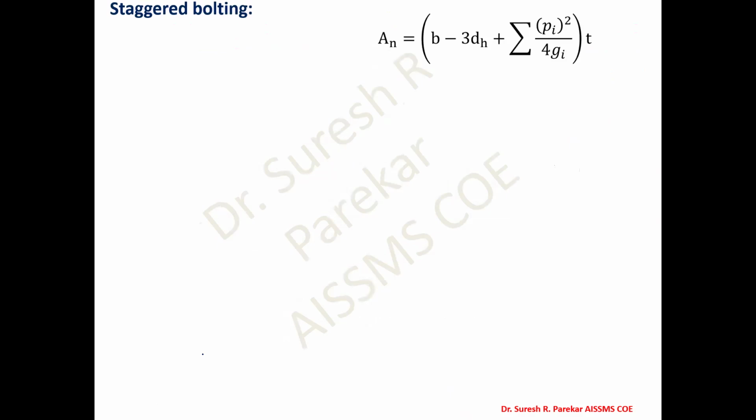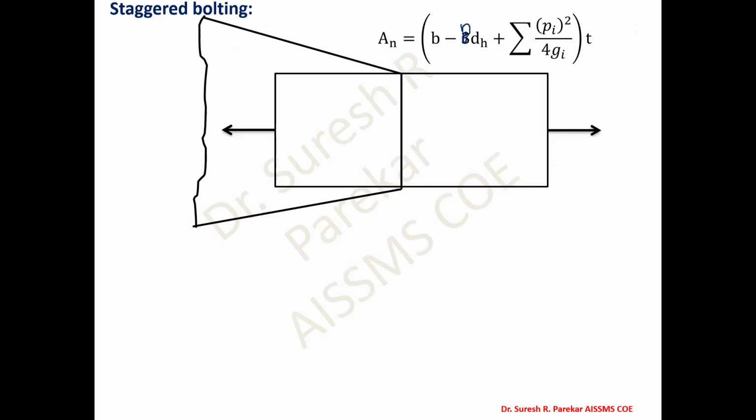Now, if we go for staggered bolting, the formula I just mentioned is the common formula for both chain bolting and staggered bolting. But in case of chain bolting, our third term becomes 0, and then we have b minus n d_h. So we have n d_h plus summation p_i squared upon 4g_i, times t, and this will be staggered bolting. Now this is section 1.